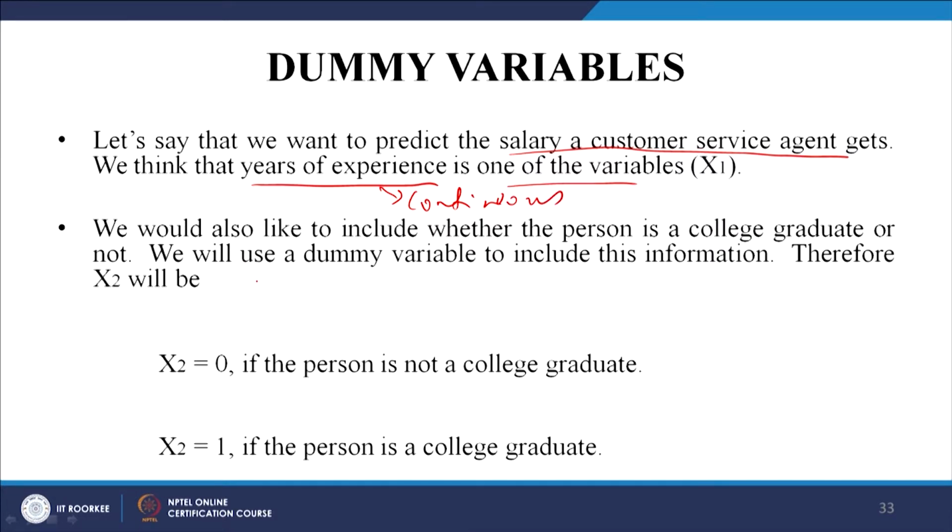But the second one, whether he is a college graduate or not, that may also influence his educational level. Now, this is a categorical variable, right. So, now I have one continuous, one categorical. The dependent variable is salary. If I had taken only one, it would have been a simple regression. But if I am taking 2, then it is a case of multiple regression, and the problem here is that the second one is a categorical variable.